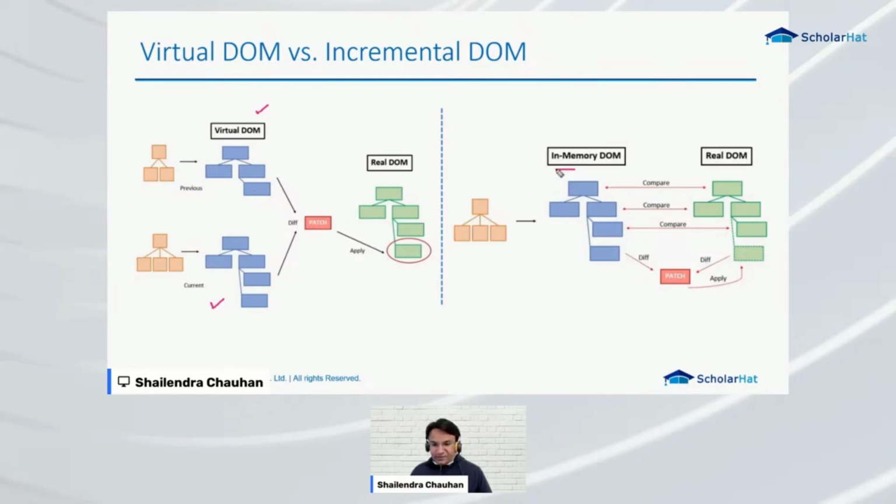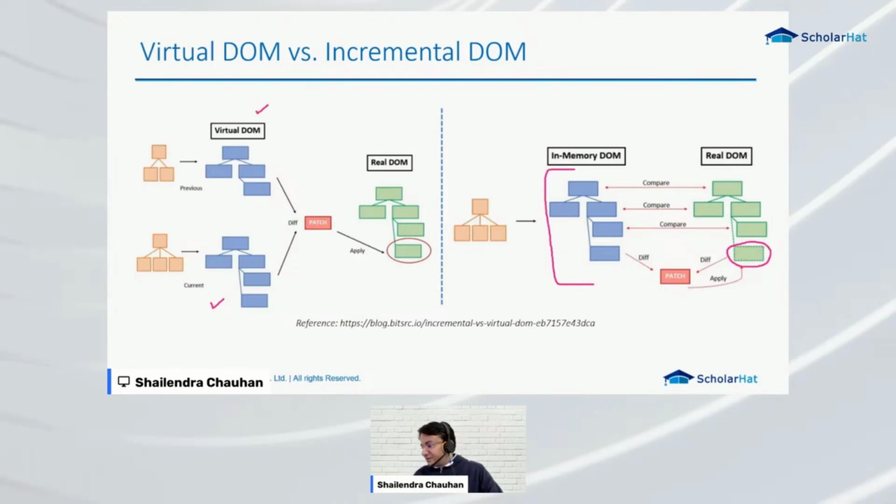We have one DOM in the browser memory, and we compare it with the real DOM one by one this way, and wherever we find a difference, only that we update. It's an incremental DOM, adopted by Angular as well as Blazor for doing the update. So these are the things we have in virtual DOM and incremental DOM. Memory optimization is better in incremental DOM as compared to virtual DOM.